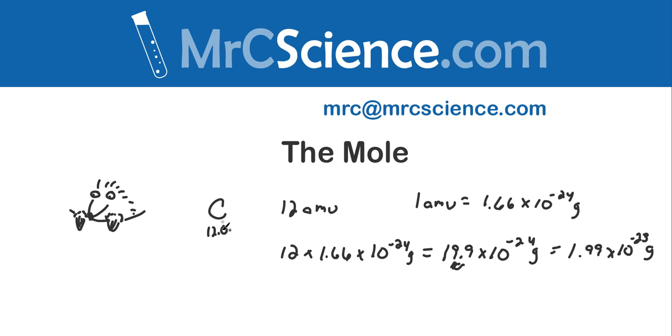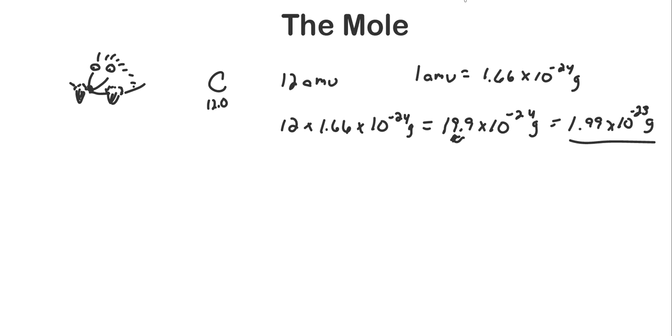So if carbon weighs 12 AMU, that means one atom weighs 1.99 times 10 to the negative 23rd grams.